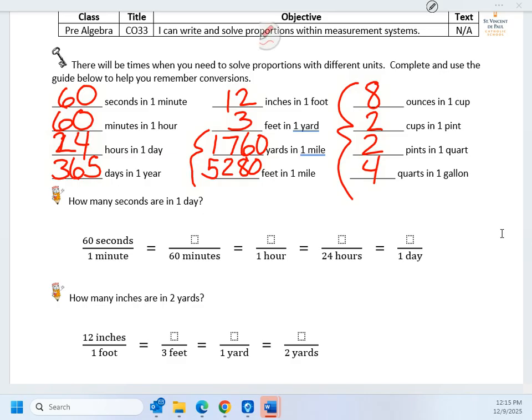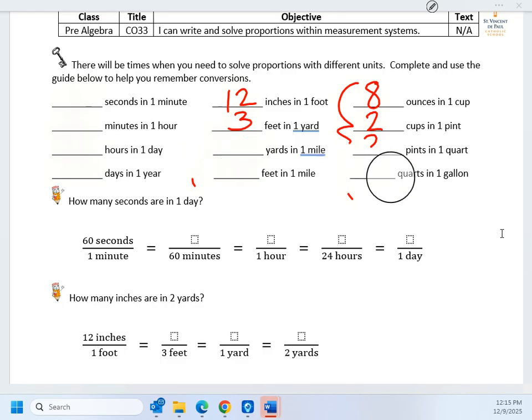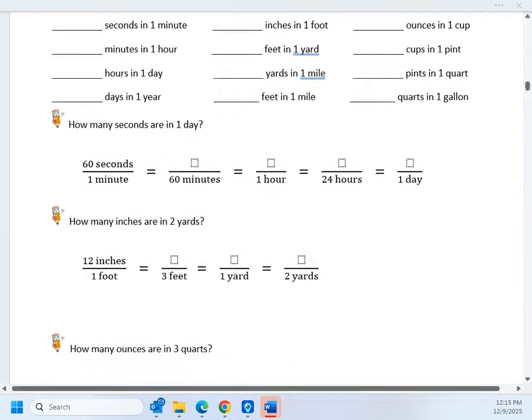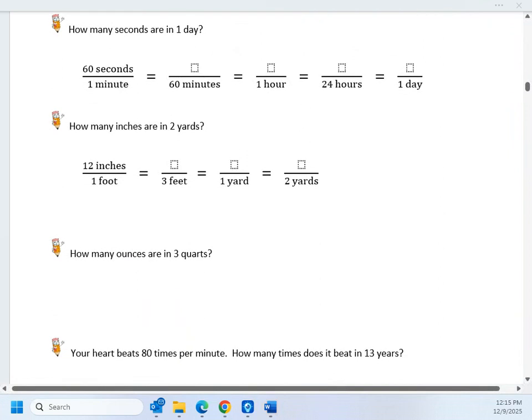So we need to be able to use these conversions to solve bigger problems. How many seconds are in 1 day? Well, we know there's 60 seconds in 1 minute, so we're going to work our way up to 1 day. So it's a step-by-step process.